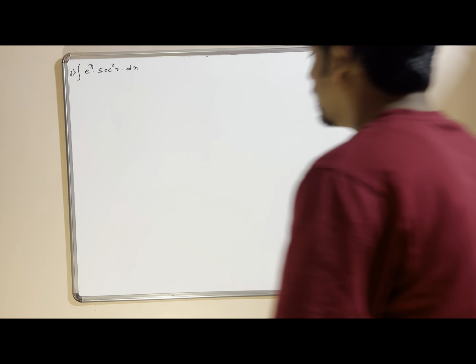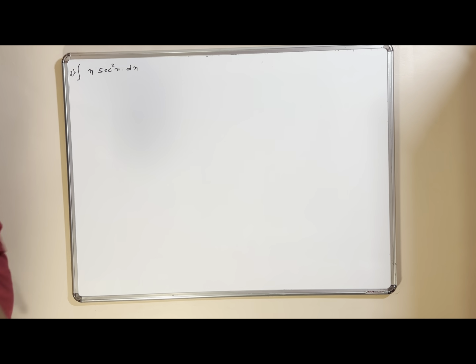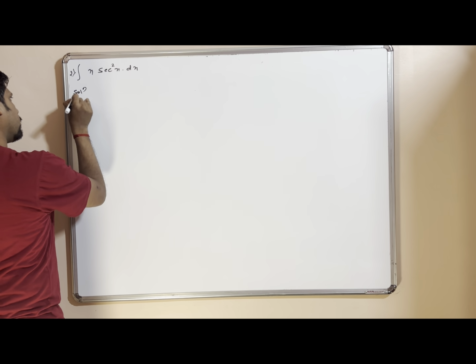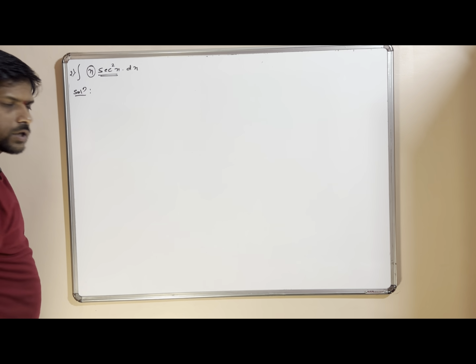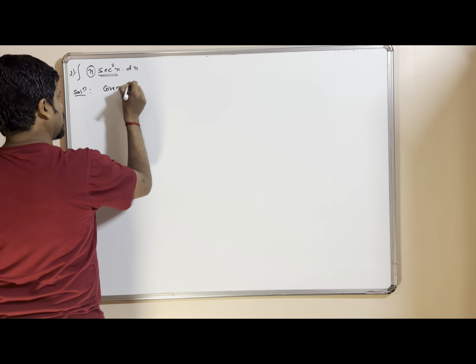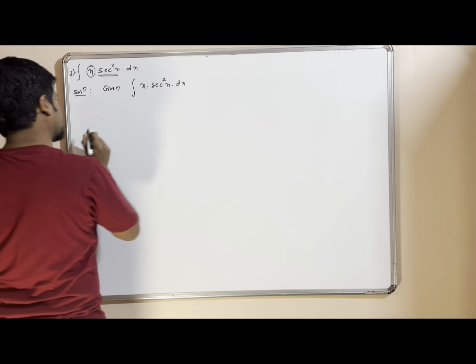Integration of x into sec square x into dx. Again, solution. Here, this is an algebraic function, this is a trigonometric function. So, given integration of x into sec square x into dx.